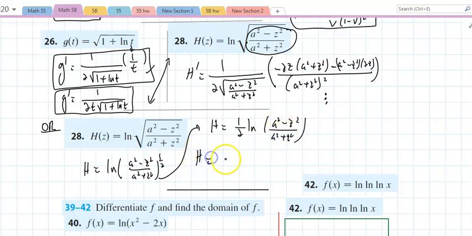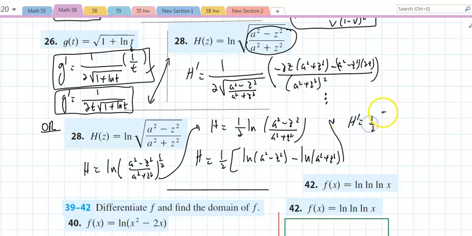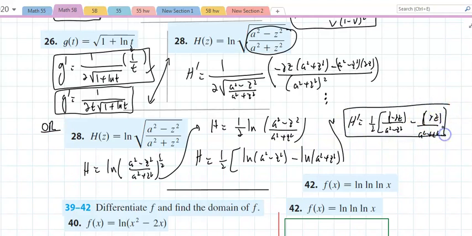And I can even say this is 1/2 times natural log of a squared minus z squared minus natural log of a squared plus z squared. And I could say h prime is 1/2 times 1 over a squared minus z squared times negative 2z, minus 1 over a squared plus z squared times 2z. And there it is. The beauty of logs. They do wonders for us.